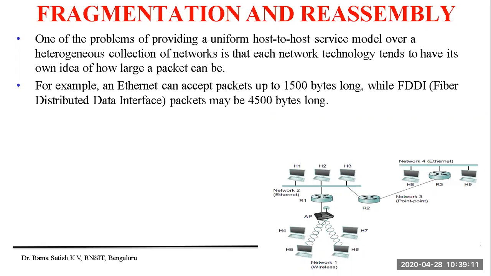If you want to connect FDDI to Ethernet, or Ethernet to FDDI, or Wi-Fi, there will be a change in the packet format. The packet format change has to be taken care of by the routers. Routers are the ones which connect these heterogeneous networks.